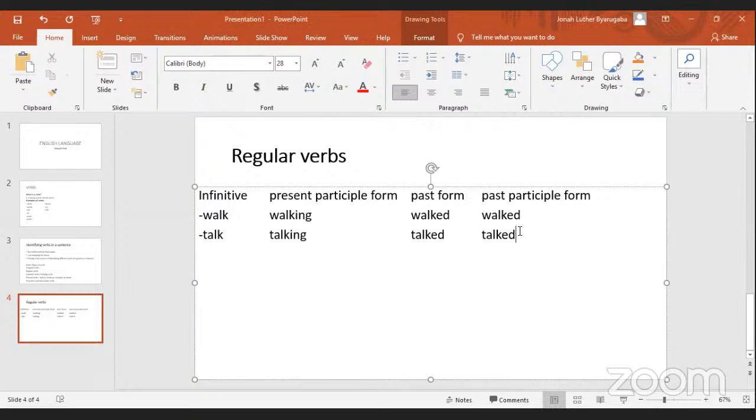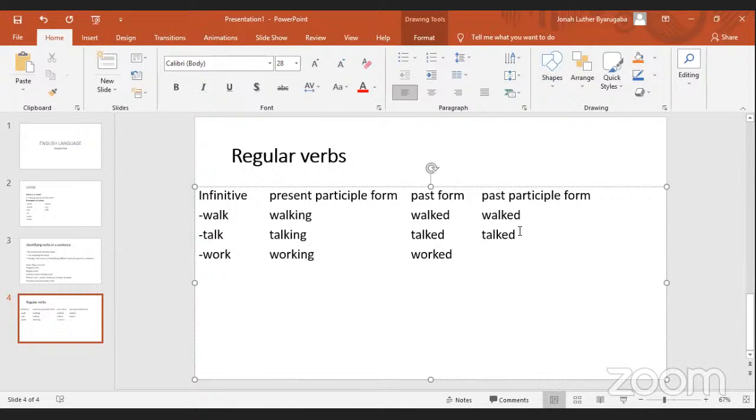Yes, Nasha? Work. Very good. Present participle: working. Past form: worked.